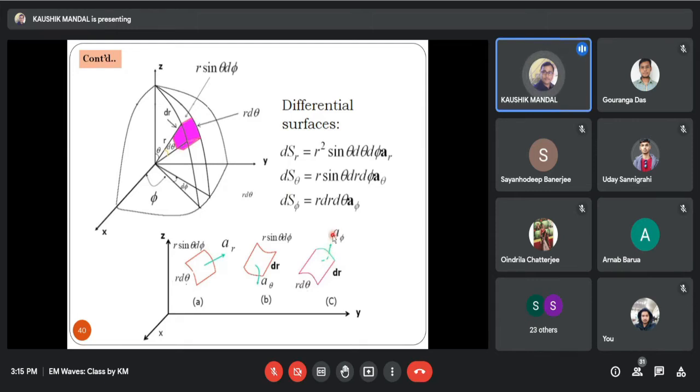For each and every surface, you have to consider the unit vector properly. It will be helpful when finding the cross product, like a theta cross a r or a theta dot a phi. So it is better to be clear about the orientation of the unit vector for each and every surface.